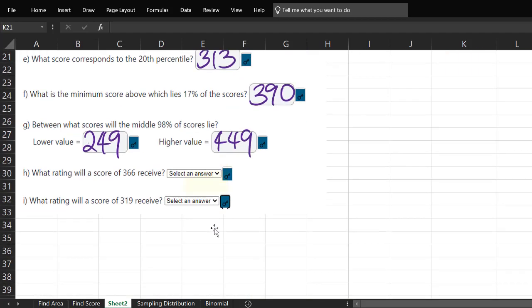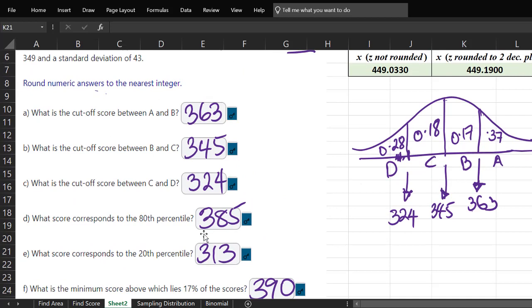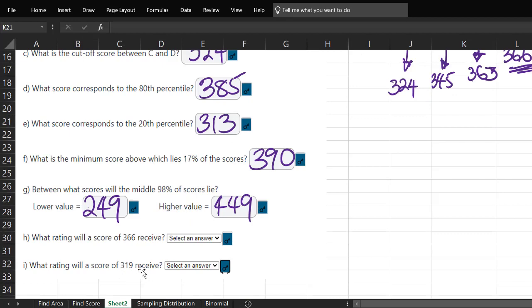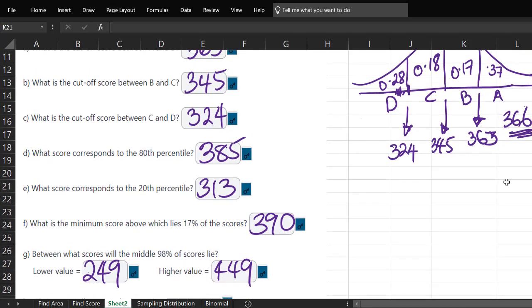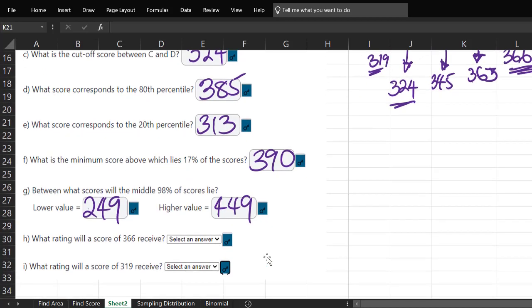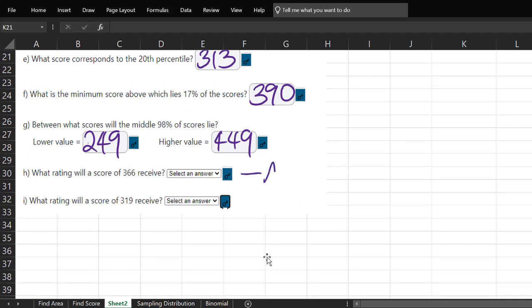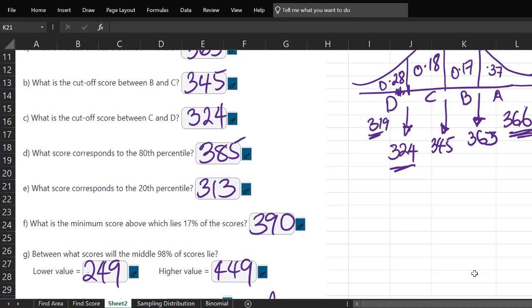So if someone scored 366, this person's score is greater than 363, so that person scored A. And if someone scores 319, that person will have to score a D, because 319 is less than 324. So those two are pretty straightforward. This person will score an A, this person will score a D based on the chart we have here.